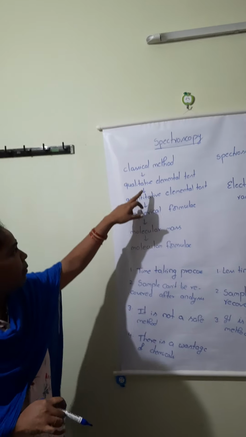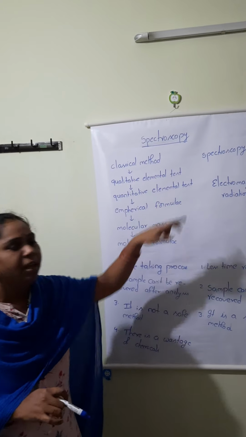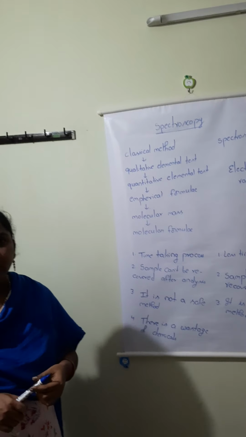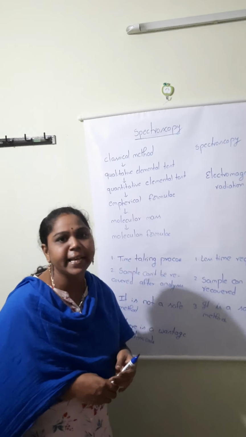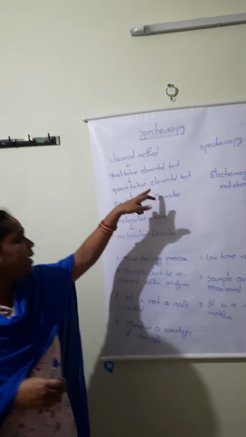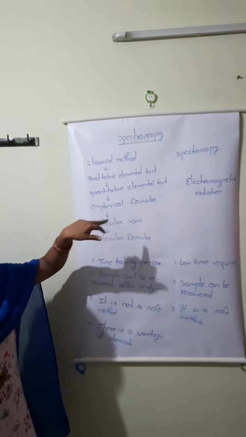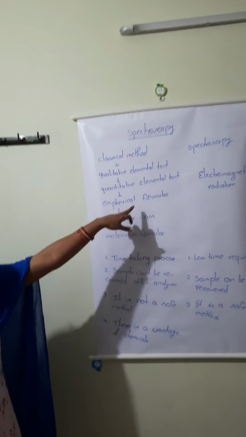Then from this we can determine the quantitative elemental test. Next, the percent of element and how much quantity of each element may exist can be determined by this quantitative elemental test. Then we can determine the empirical formula.